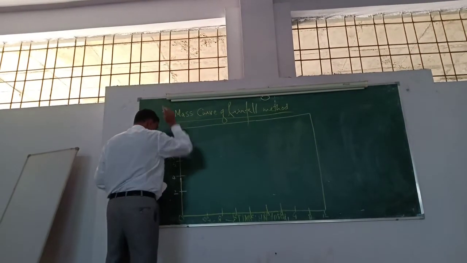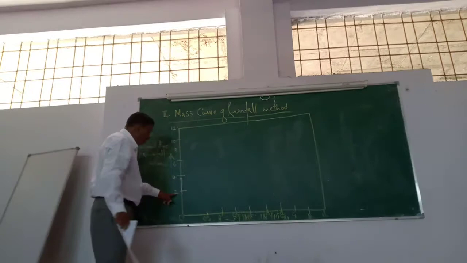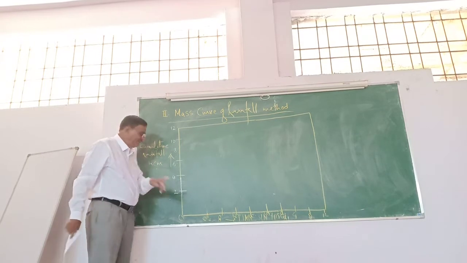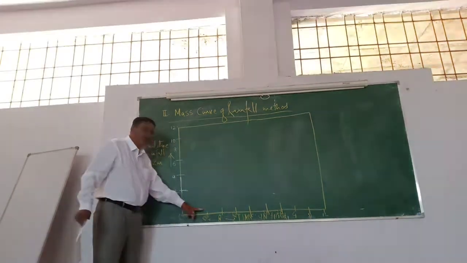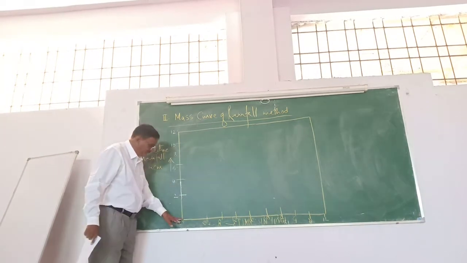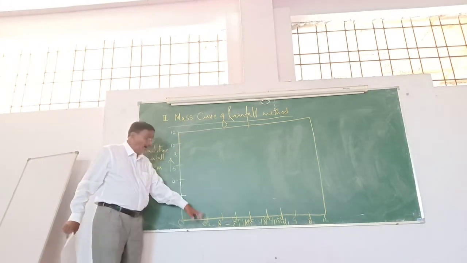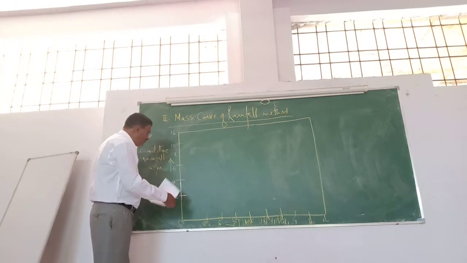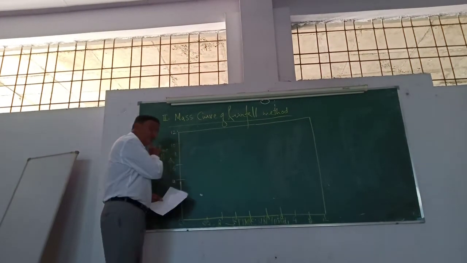12 hours, very close. Now, look at 2 centimeters of rainfall, 4 centimeters of rainfall. Means if you ask me, in Bijapur on Monday between 0 to 4, where 0 is midnight 12, from midnight 12 to early morning 4, the total rainfall that occurred was, for example, 2 centimeters. So put a point here and a point here.